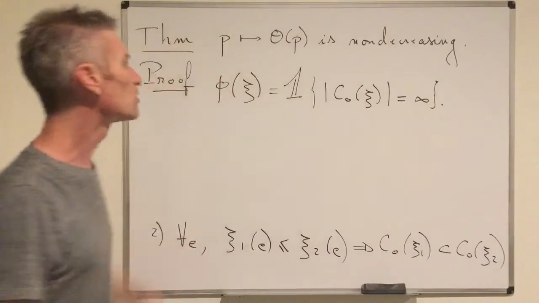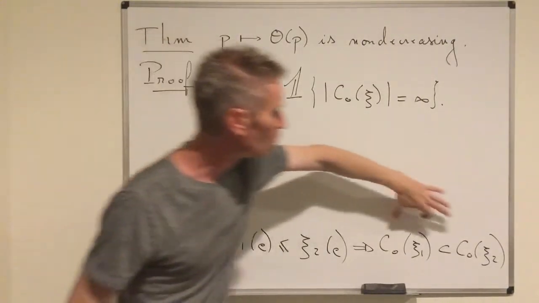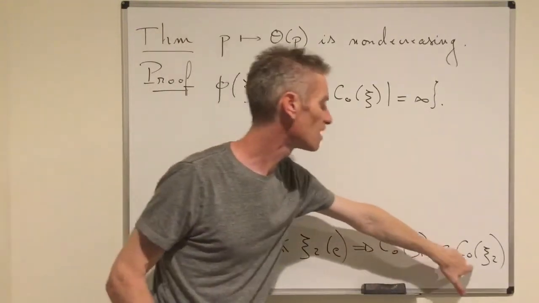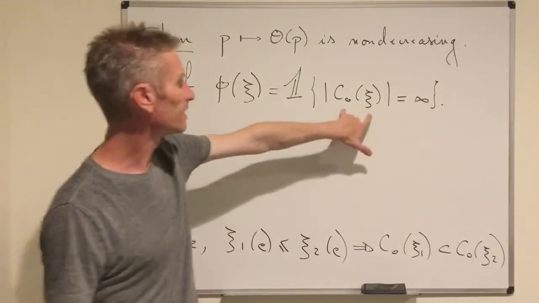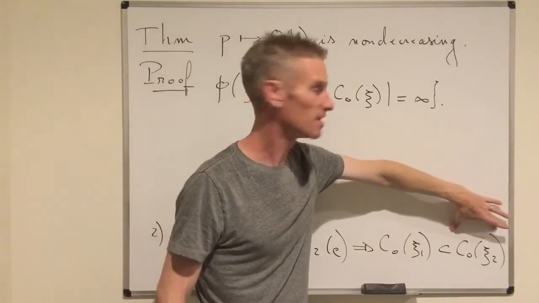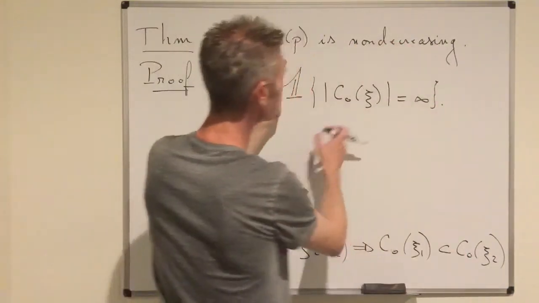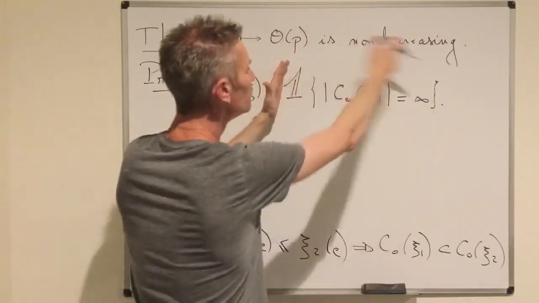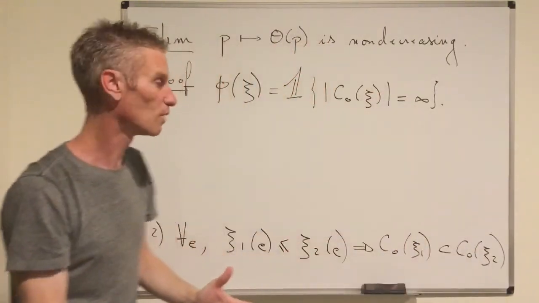So we just look at this function, and you see that with our construction, because C0 of C1 is a subset of C0 of C2, that means that this cluster is infinite implies that this cluster is infinite. And so that means that this indicator function for C1 is equal to 1 implies that this indicator function, but for xi equals C2, should also be equal to 1.